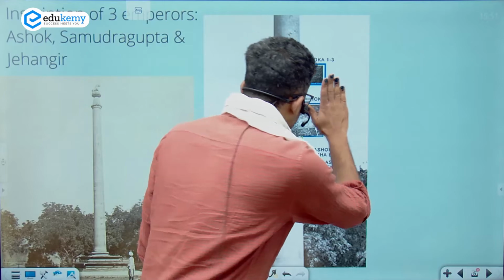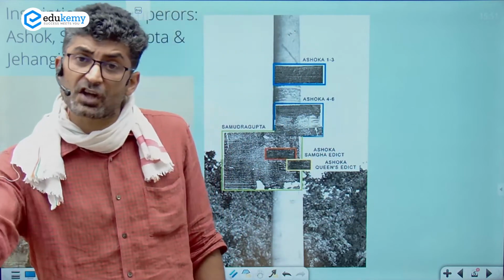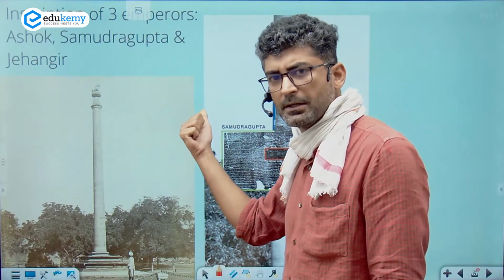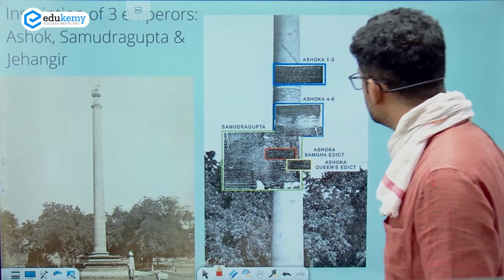And now you will start noticing references to historical kingdoms and kings. This is the first instance where we start seeing developments of state. Concrete evidence comes to us from the Allahabad Prashasti, right?